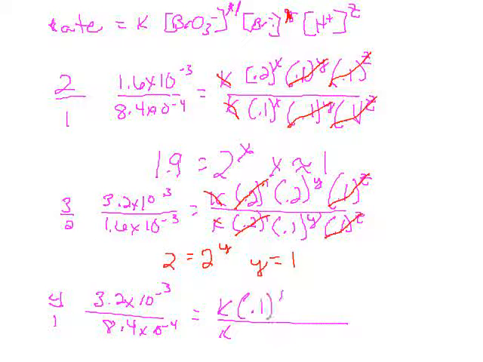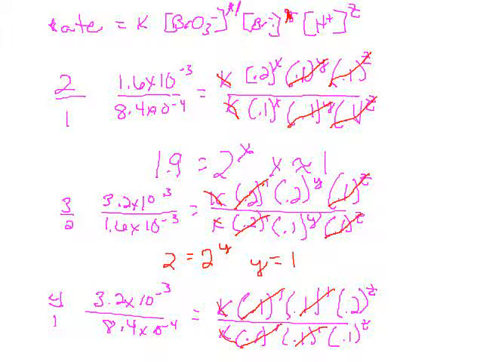So 0.1 to the first, another 0.1 to the first, then we have 0.2 to the Z over 0.1 to the Z. And when we cancel out our like terms so that we're making it a simple math problem, we get 3.8 equals 2 to the Z. So 3.8 is basically 4.